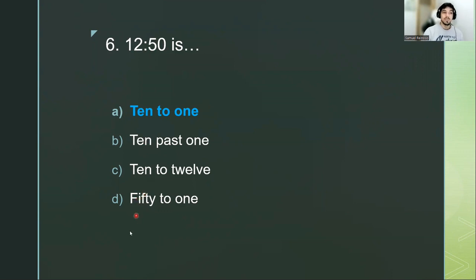Why is not fifty correct? Okay, well, we start with the minutes, but we have to take into account something. Let's imagine that this is a clock, okay? If the minutes are in this part, in the right part of the clock, like here, okay, we count the minutes. Like it is 15, right?